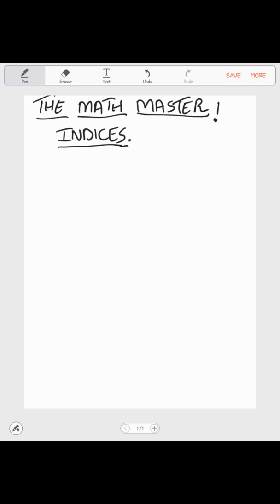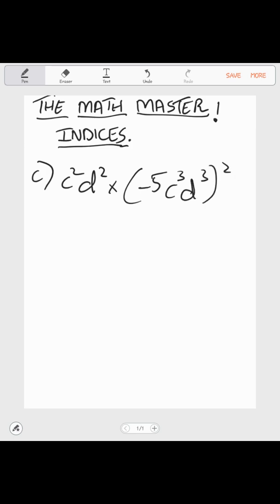Now question 3, or part C, was c square d square into minus 5c cube d cube whole square. Now just write c square d square as it is. It cannot be simplified. Minus 5 goes, this 2 right here, power goes to minus 5, it becomes 25 as I explained in the previous video.